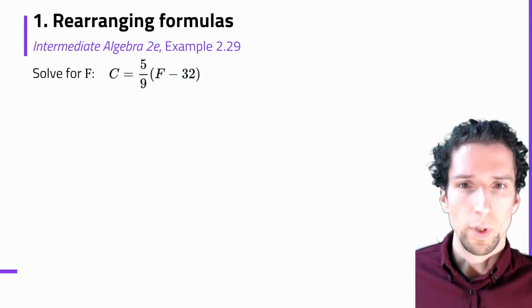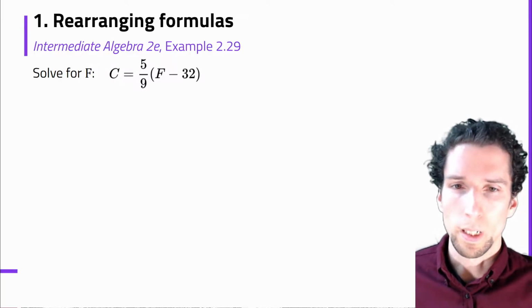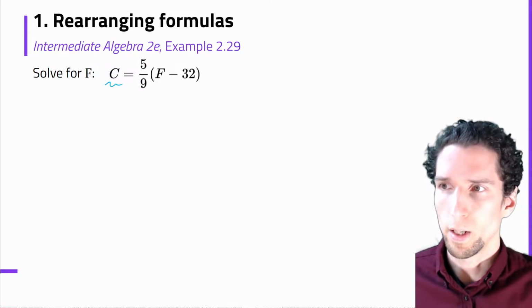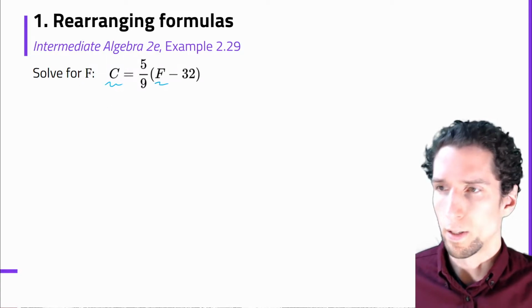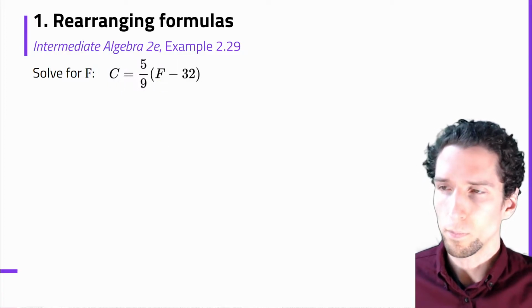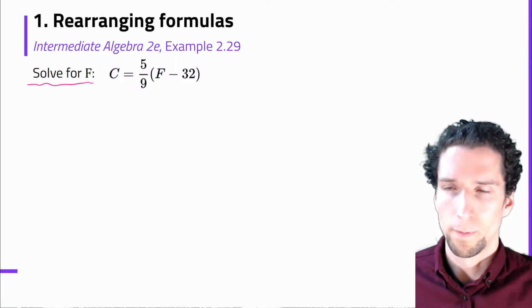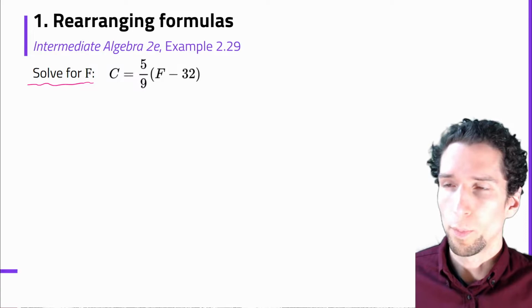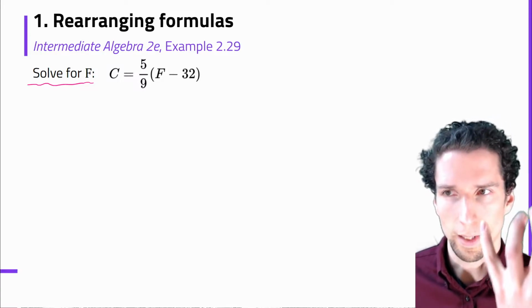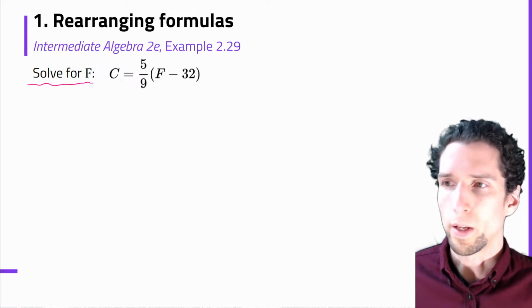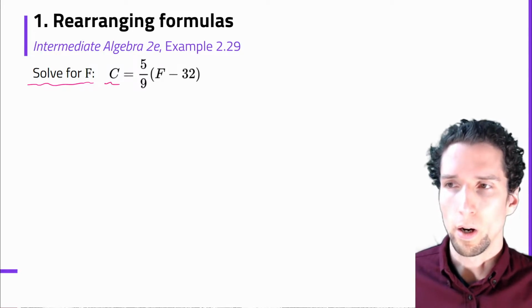We'll start off with some really simple things: formulas for converting between temperatures, between Celsius here and Fahrenheit here. This question is asking us to solve for F. It does say solve, but we will not be able to get a number, like F equals this, because we have another variable here.